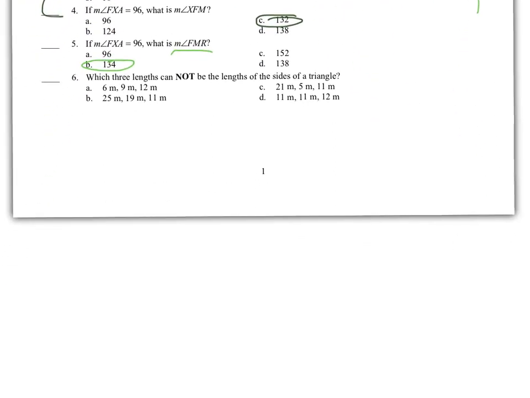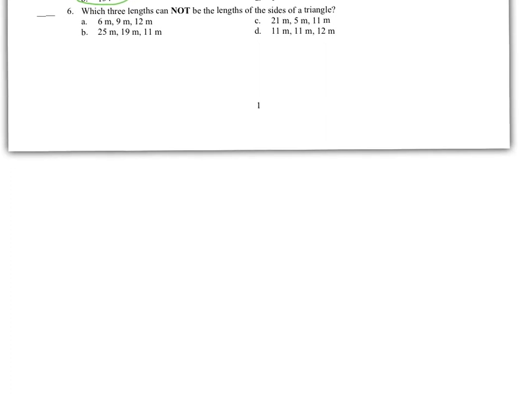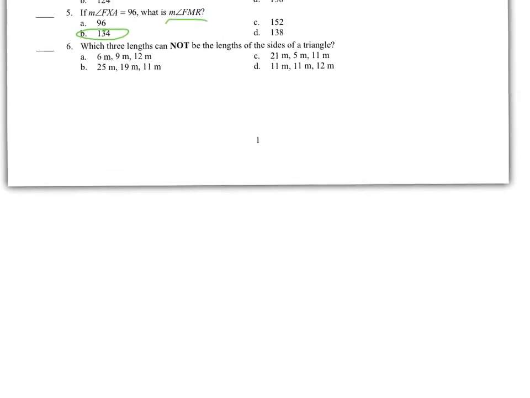Number 6. Which three lengths cannot be the lengths of the sides of a triangle? Well, you'll remember that we take the two smallest sides, for instance, on choice A, 6 plus 9, it has to be greater than the third side, which in this case it is.